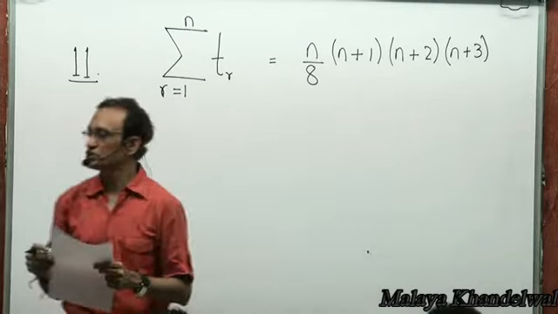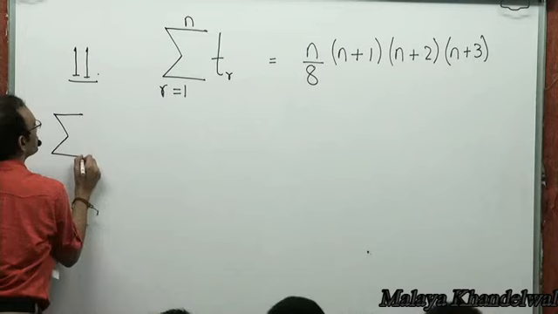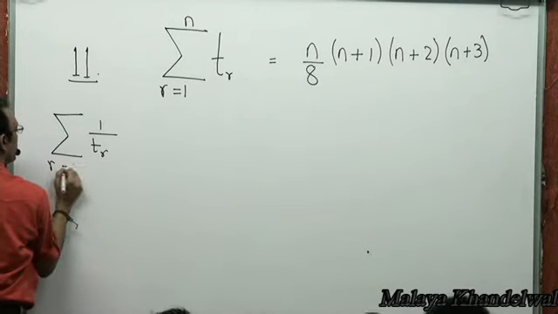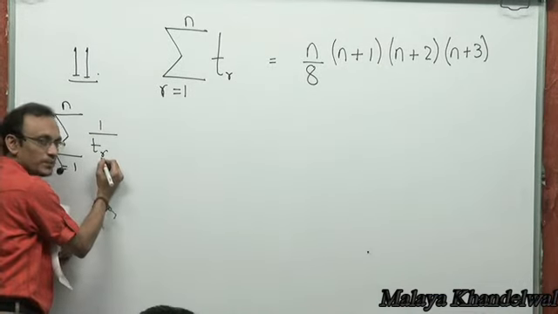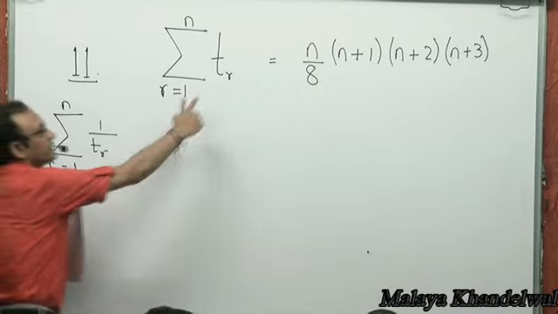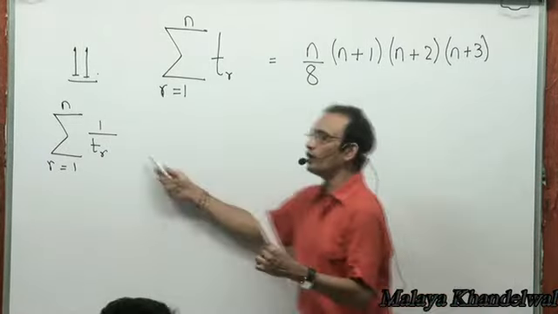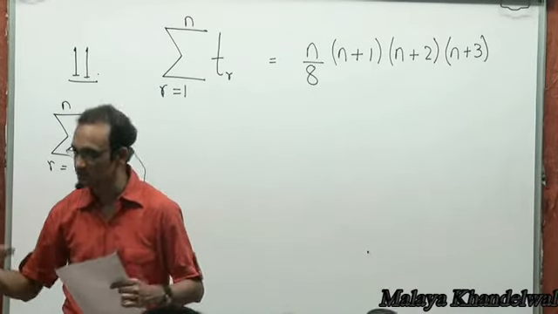We want to be able to deal with summation 1 by tr, r equal to 1 to n. That means this is like 1 by t1 plus 1 by t2 plus 1 by t3, etc. Given that t1 plus t2 plus t3 plus tn is this, we want to find the value of 1 by t1 plus 1 by t2 plus 1 by t3 plus 1 by tn.